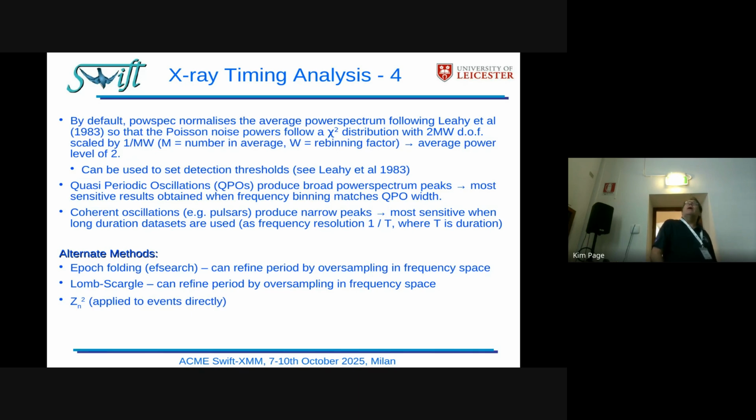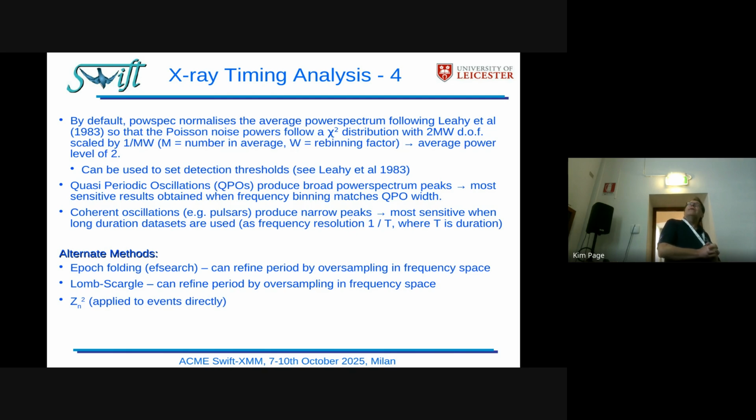The native frequency resolution of a fast Fourier transform power spectrum is 1 over the duration of the data set. So if you divide that up into shorter durations, you end up with larger frequency bins. You can do that by averaging over more intervals of data or by rebinning in frequency space. That lets you match the width to the QPO width.